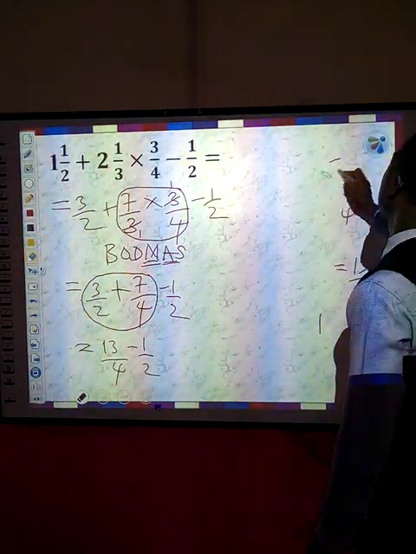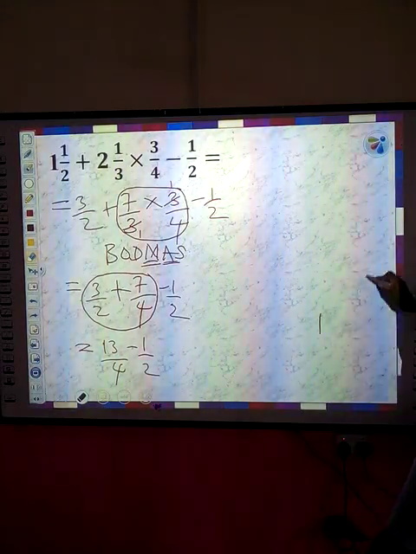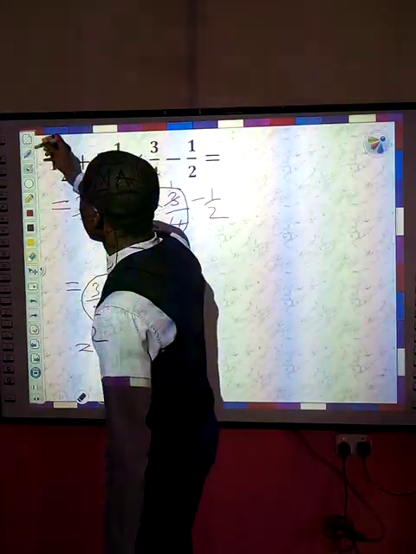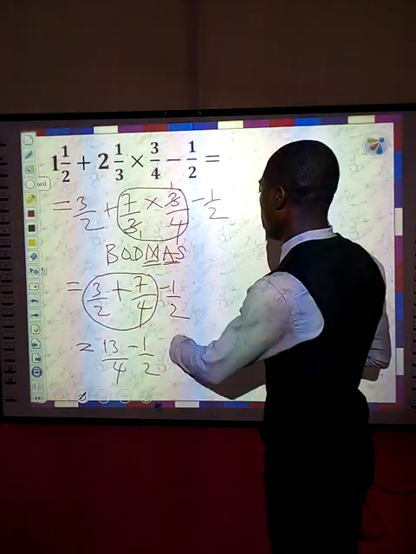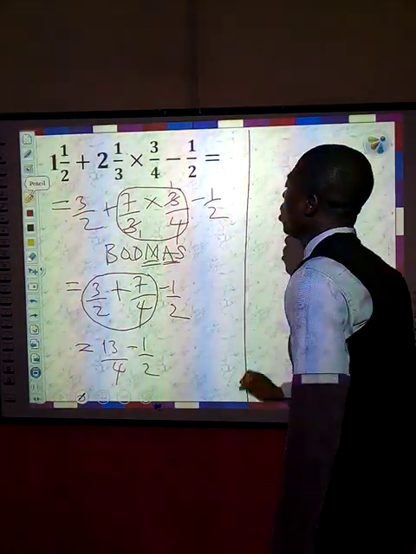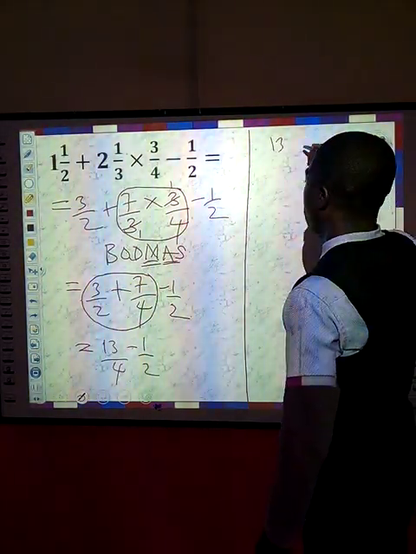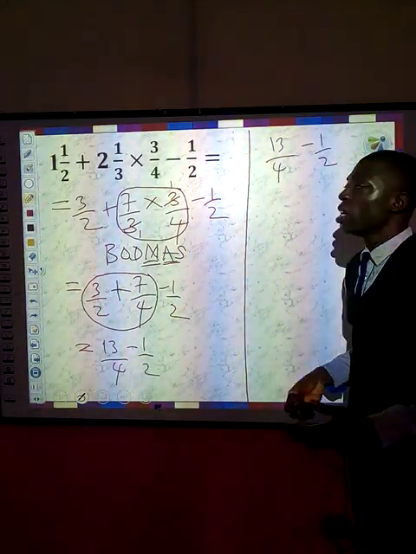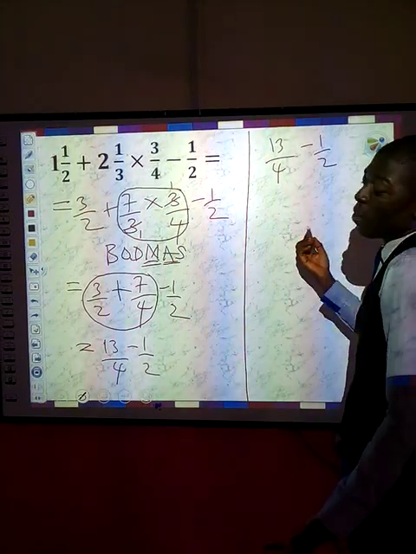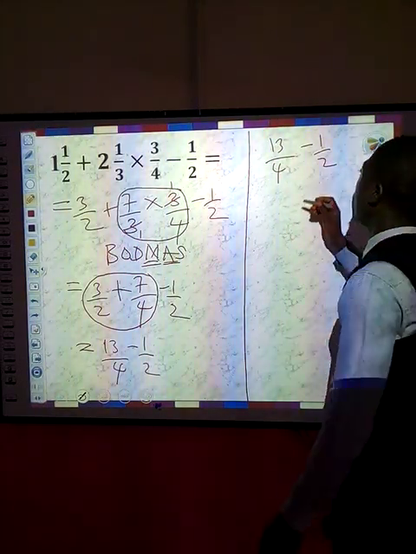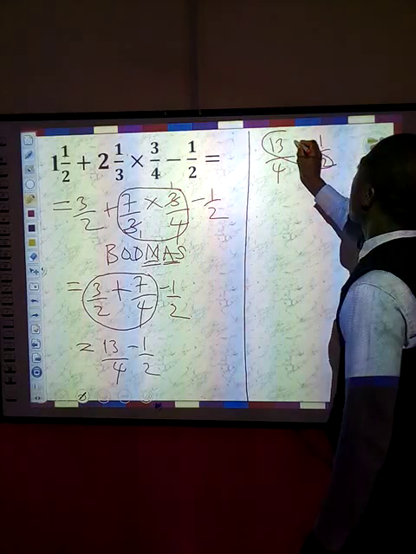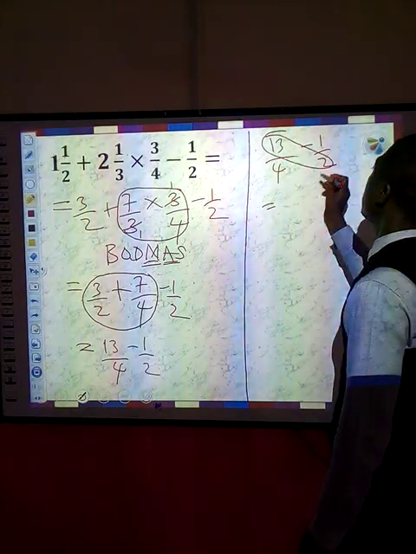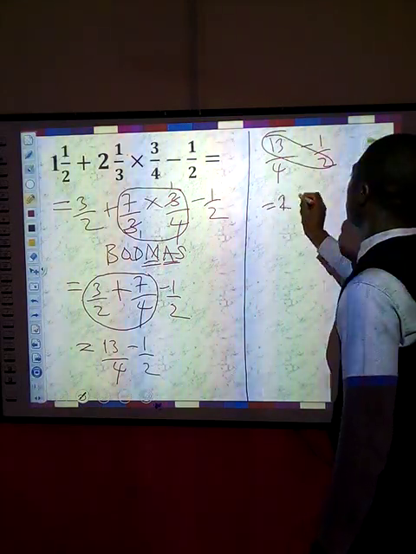Let me bring the last part over here. We have 13/4 minus 1/2. I hope you are following. Alright, so use the same method to avoid the problem of LCM. If you do that, go from left to right, that's 13 times 2, you are going to get 26.